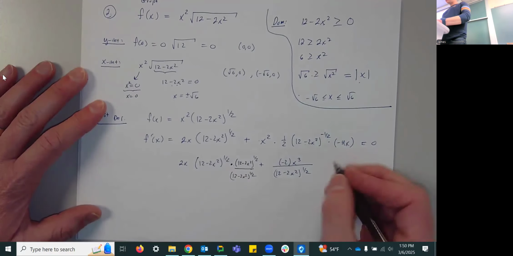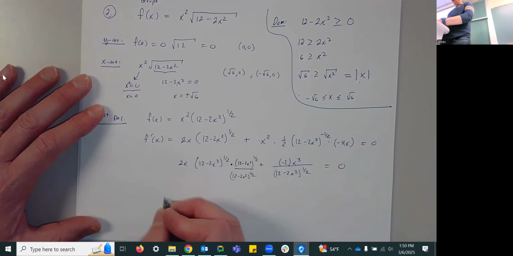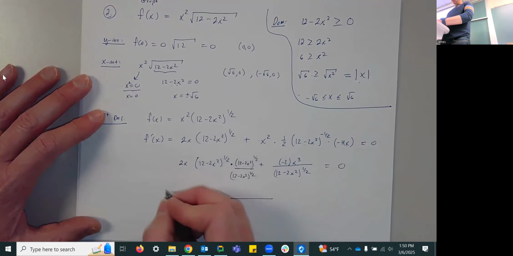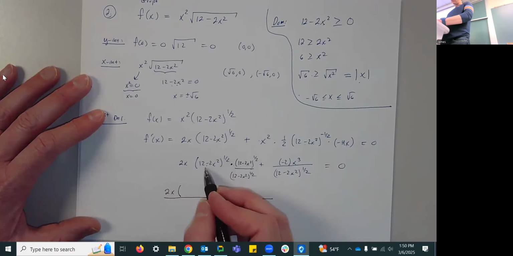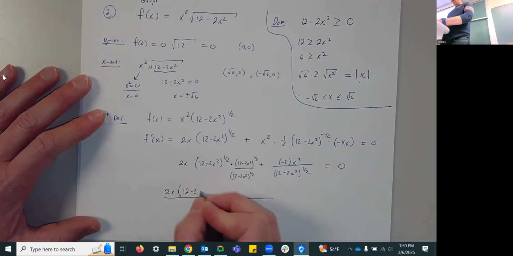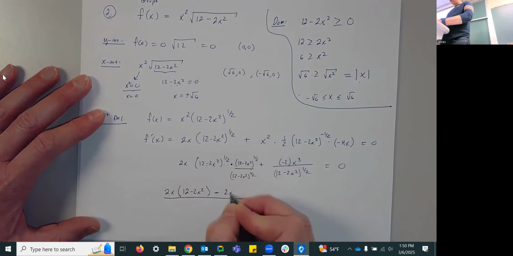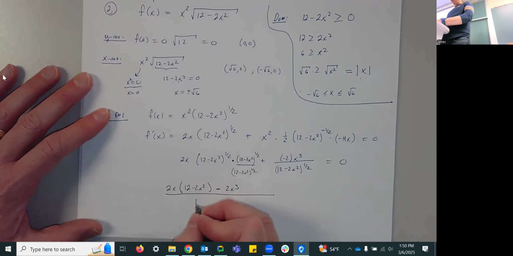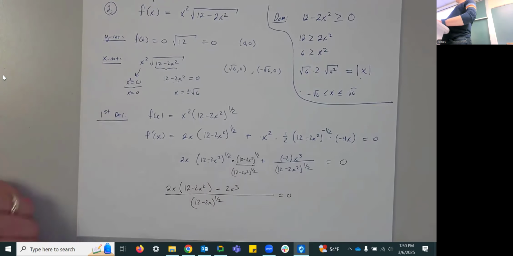Simplify. Still we're saying equal to 0, but whatever. So now we have a common denominator. I have 2x times this times this: (12 minus 2x squared) to the 1/2 times (12 minus 2x squared) to the 1/2 is 12 minus 2x squared, minus 2x cubed, all divided by (12 minus 2x squared) to the 1/2 power. Now it's a little easier to factor stuff out from the numerator.